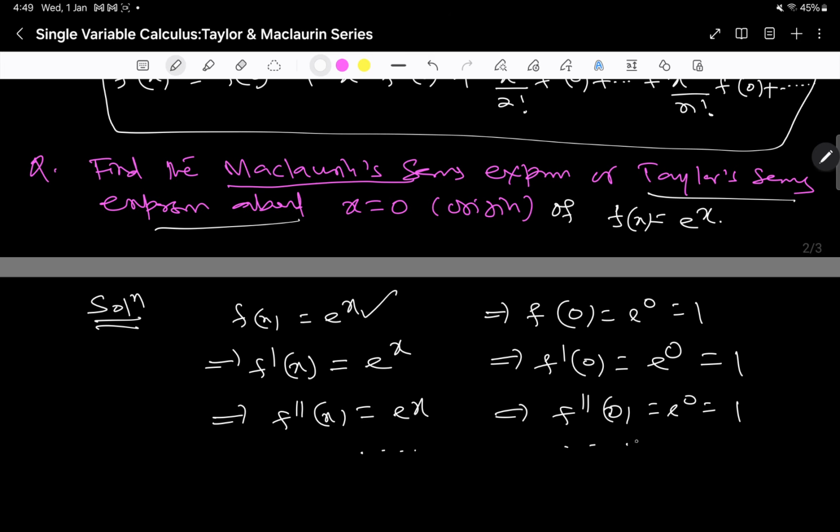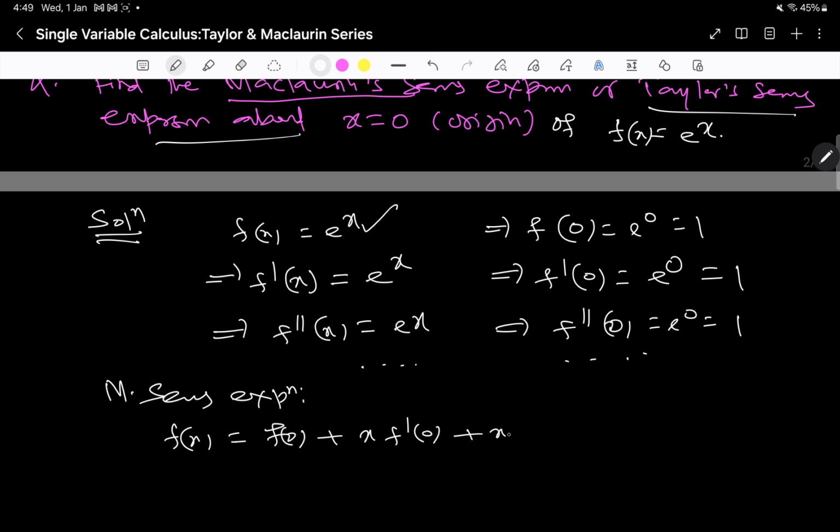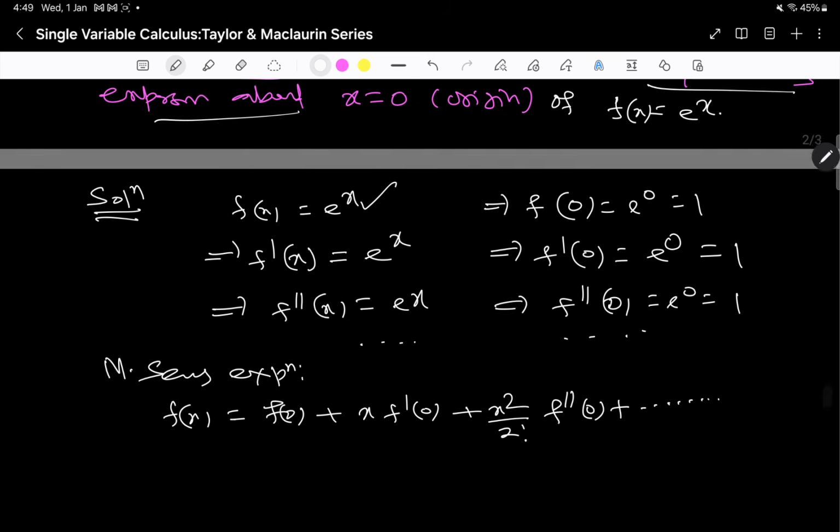So, continuing. Now your Maclaurin series expansion is given by f of x is equal to f of 0 plus x f dash 0 plus x square by factorial 2 f double dash 0 and so on, right?